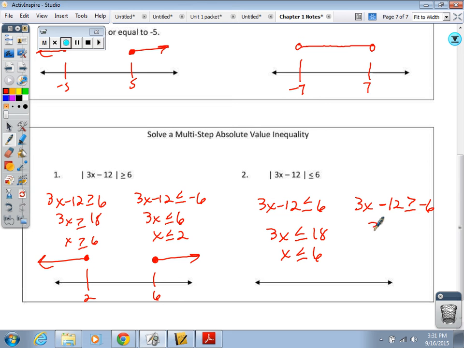And in here, if you add, you get 3x is greater than or equal to 6. So x is greater than or equal to 2. So 2, 6. X is greater than or equal to 2 is closed going this way. And x is less than or equal to 6 is closed going this way. So it's an and. So what you're looking for, and we'll do a different color, is you're looking for this here and this here. Okay? That's how you solve a multi-step absolute value inequality.